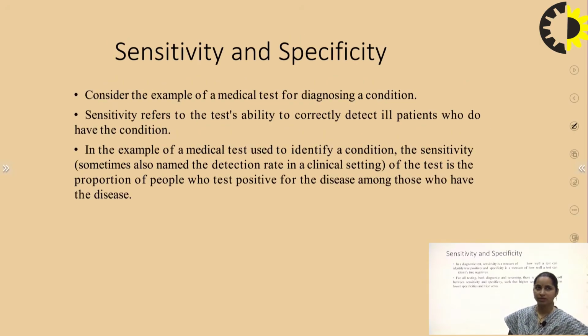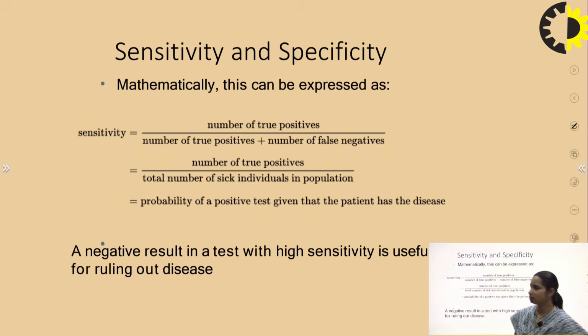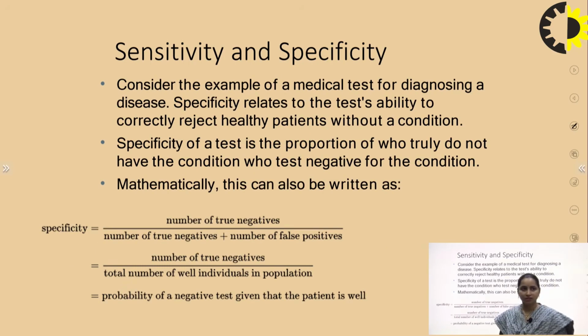Both are calculated with these parameters: for sensitivity, the number of true positives is divided by the number of true positives plus the number of false negatives. We also calculate the specificity using the number of true negatives divided by the number of true negatives plus the number of false positives. So, this is how we calculate sensitivity and specificity.